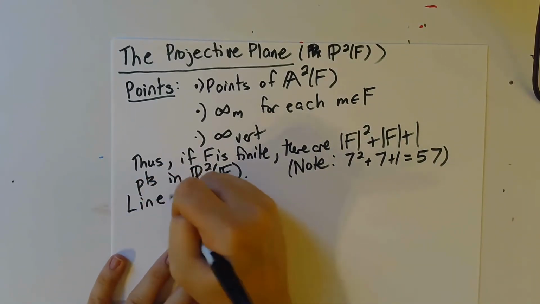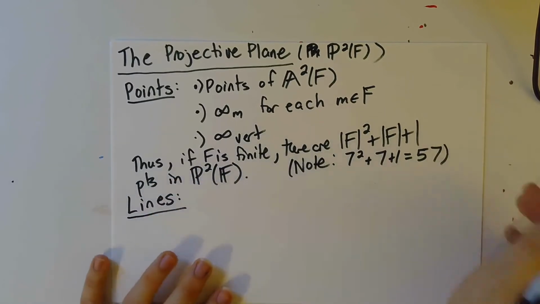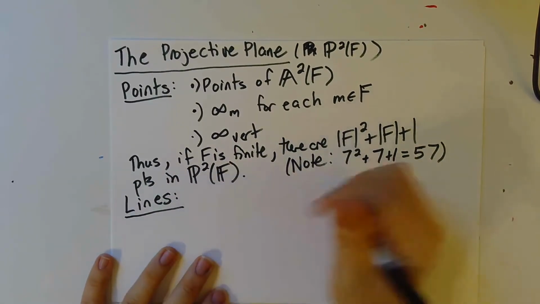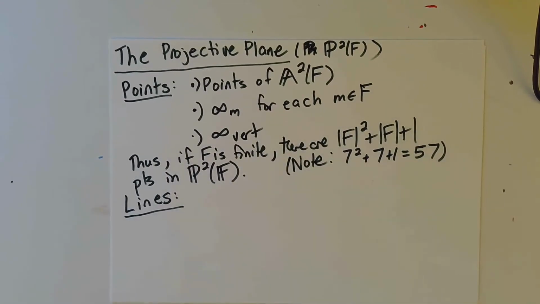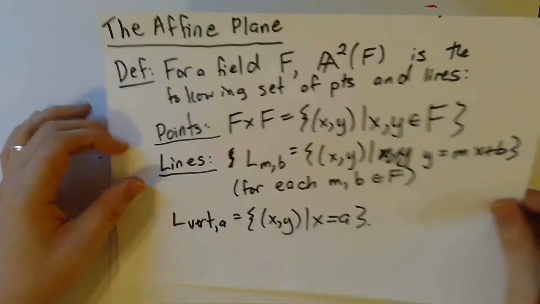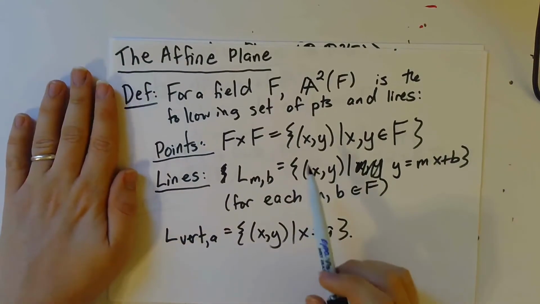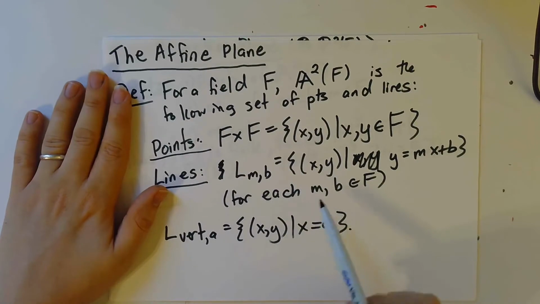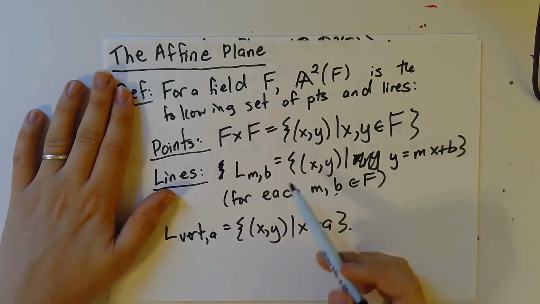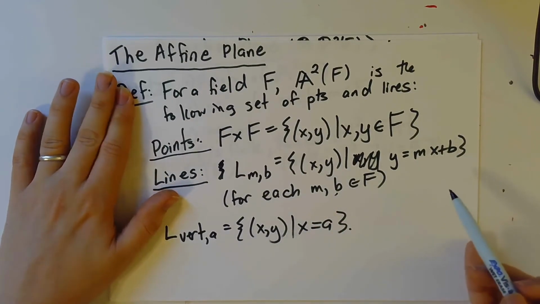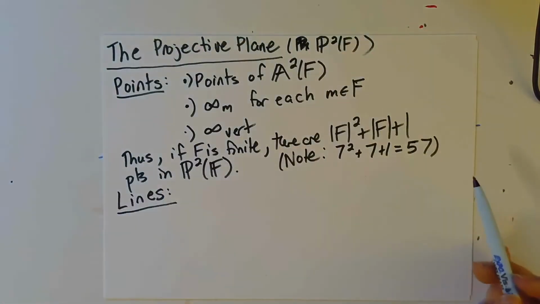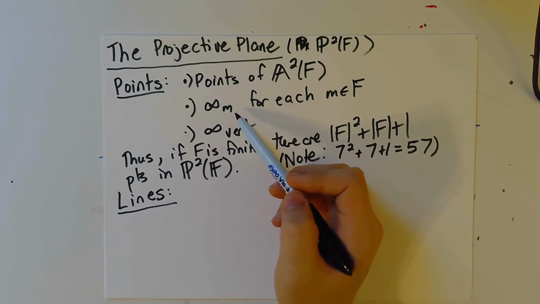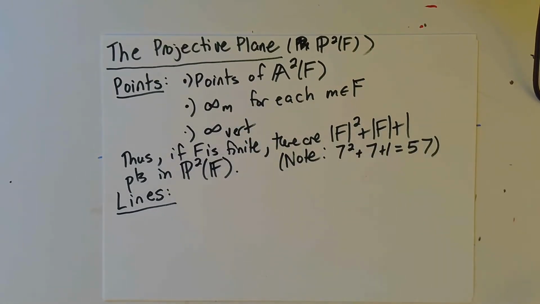Okay, for our lines, as before, we want to take our lines and we want to extend our lines from the affine plane. Namely, our pairs of lines with the same slope need a point to intersect at. So we need to add that point to each line, and we do that by inventing this fake point, infinity sub m, for two lines of slope m to meet at.